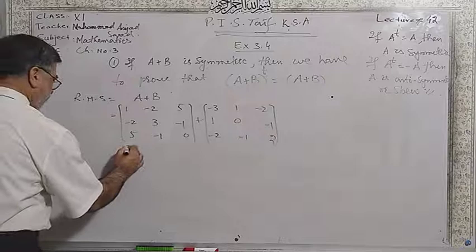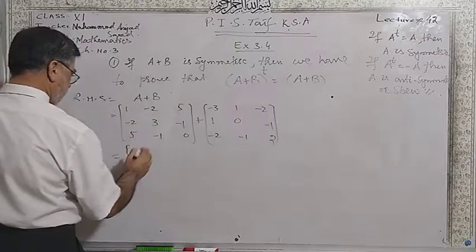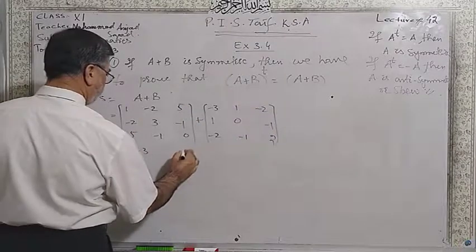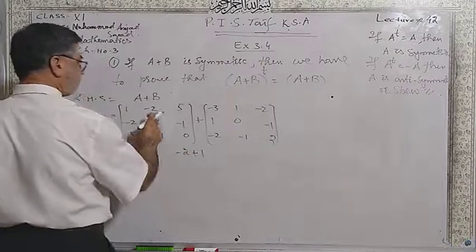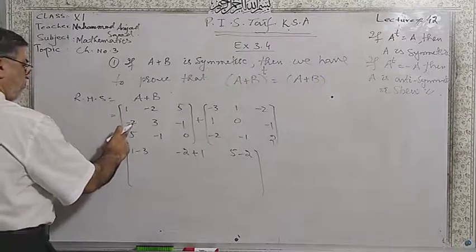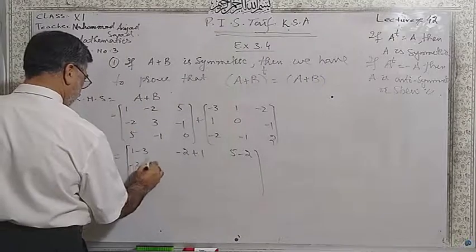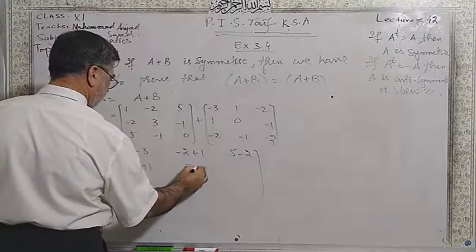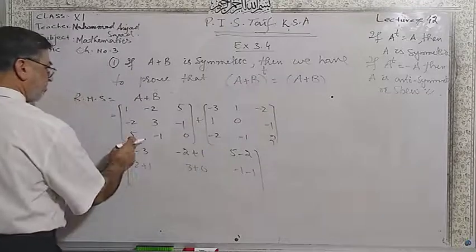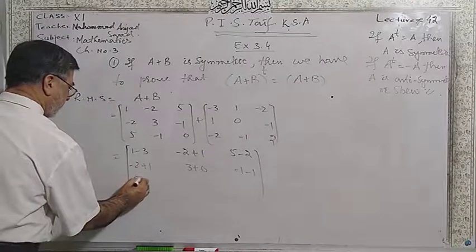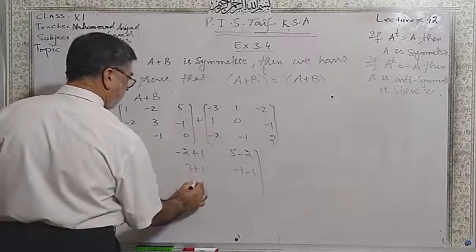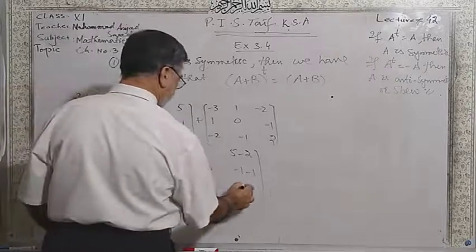First of all, you will add them. First plus first, second plus second, third plus third, fourth plus fourth, fifth plus fifth, and sixth plus sixth, plus minus minus. Then 7 plus 7, 5 minus 2, this is minus 1 minus 1, and 0 plus 2.